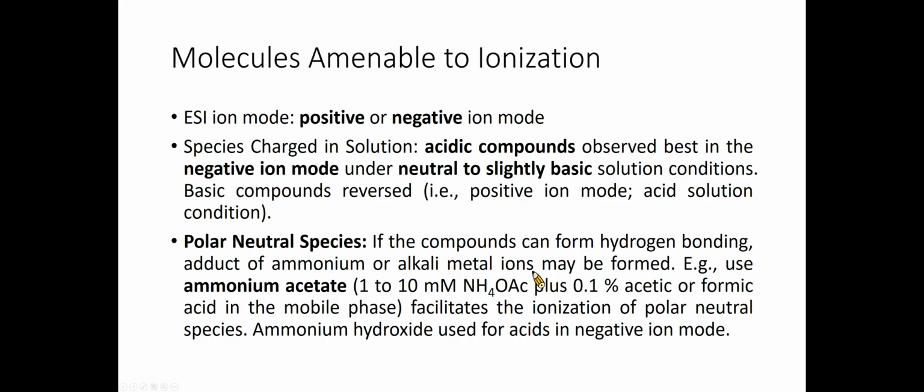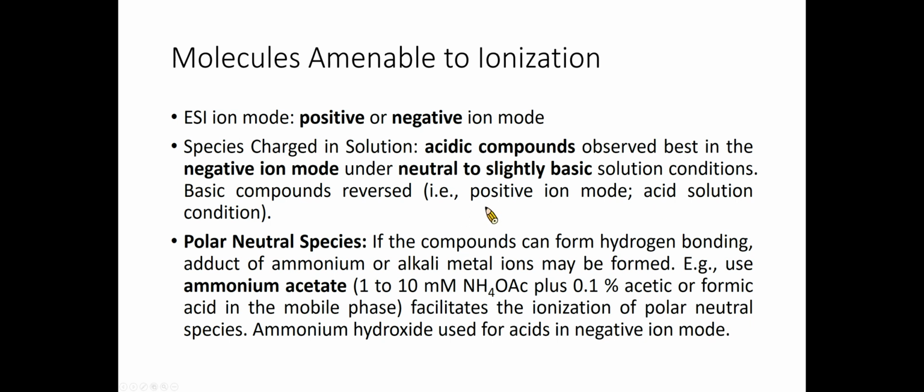Electrospray ionization can be operated in positive or negative ion mode. The analysis in each ion mode will have the optimal performance in a solution of favored pH value. For example, acidic compounds can easily form negatively charged species under neutral to slightly basic solution conditions, and those are observed best in the negative ion mode.